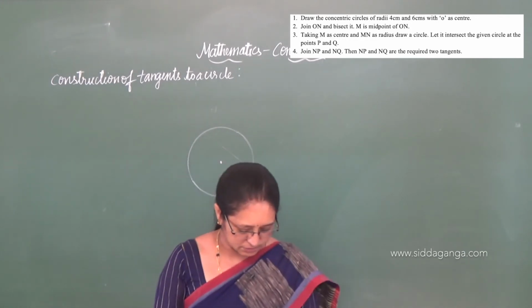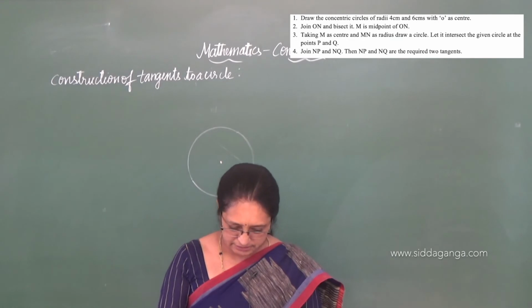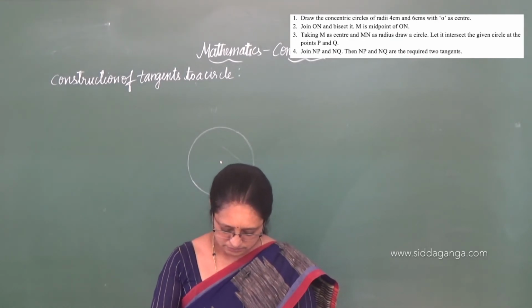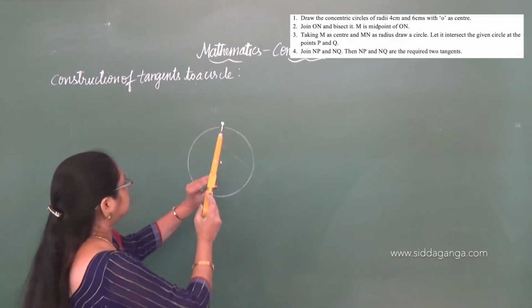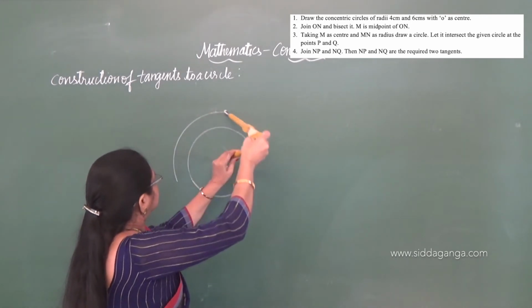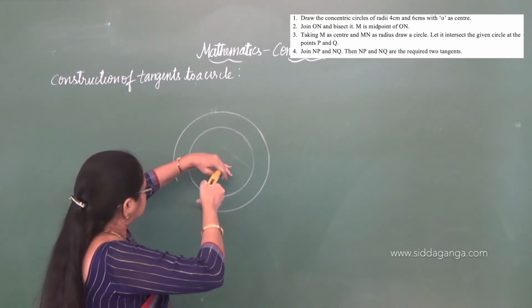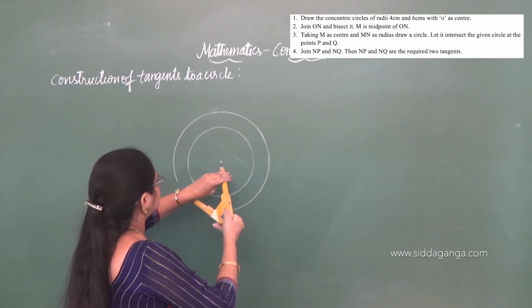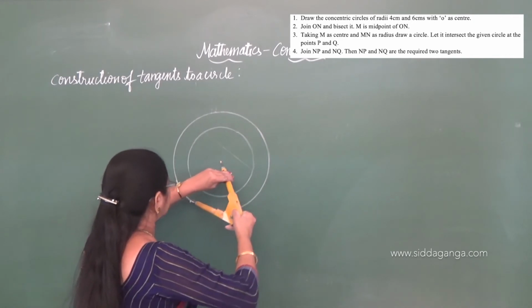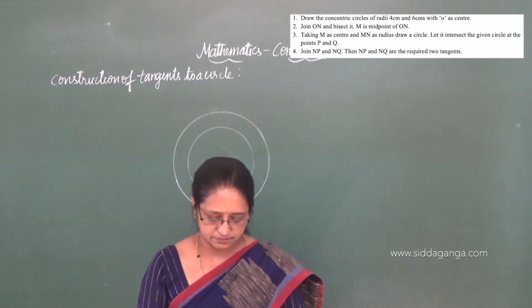Then again another circle with 6 cm as radius.